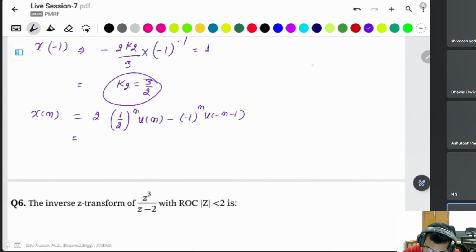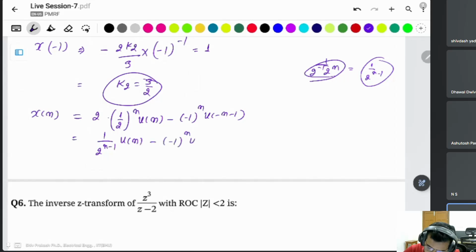This can be written as 2 into 1 by 2 to the power of n, and this will subtract one from the power, then 2 to the power of n minus 1. Because of this one, this 2 can be written as 2 to the power of minus 1, and if you add this one, then this will be 2 to the power of n minus 1 u of minus n minus 1. This is your actual answer.